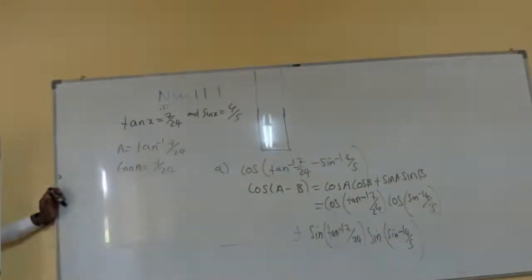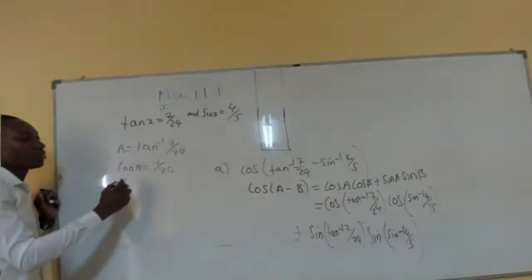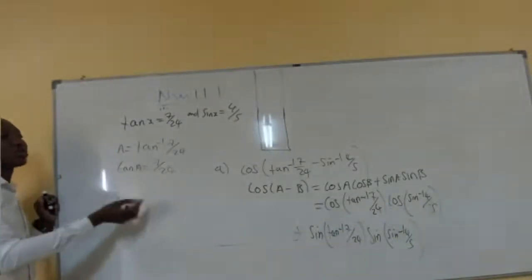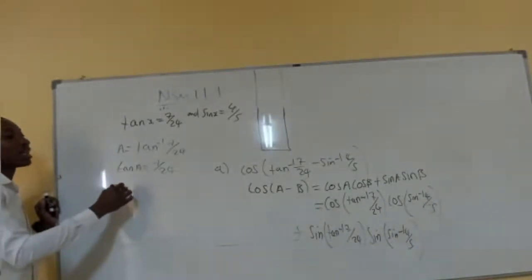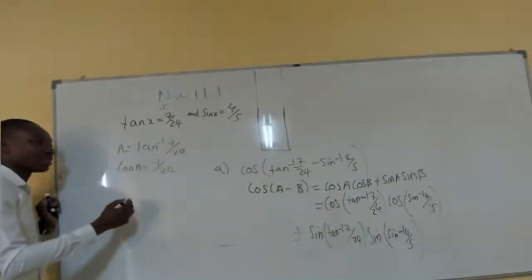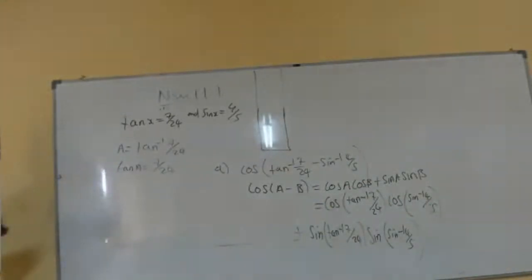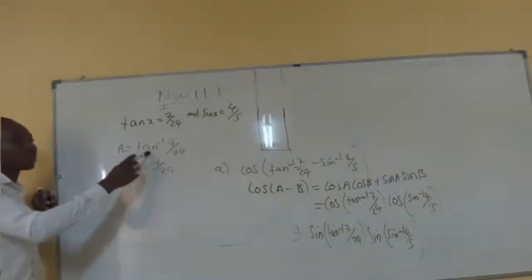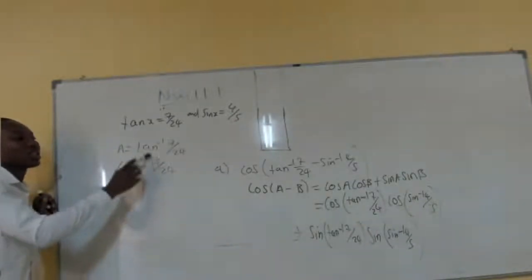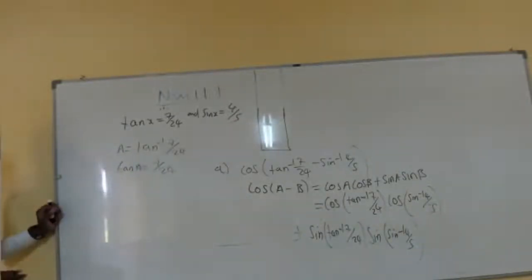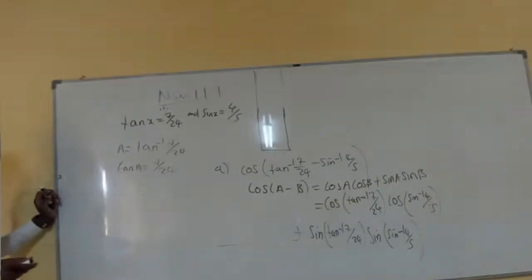Now we've been told by SOHCAHTOA that tan is opposite over adjacent. We notice that this one is positive, meaning the other ones can also be concluded to be positive.